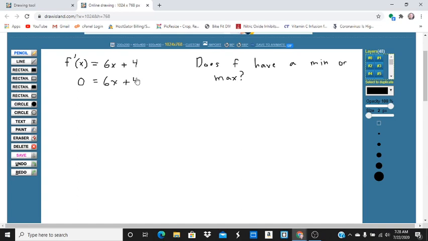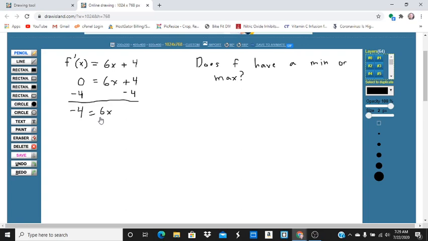Okay, I'm going to solve for x, so subtract 4. So we get negative 4 equals x. And we want to divide both sides by 6 and simplify.